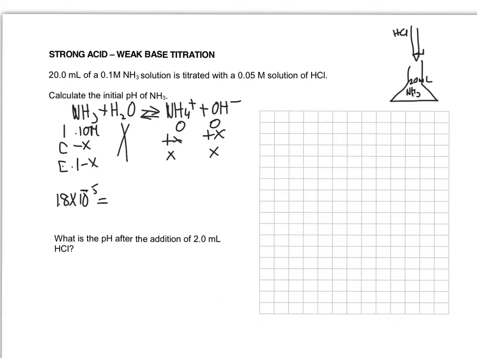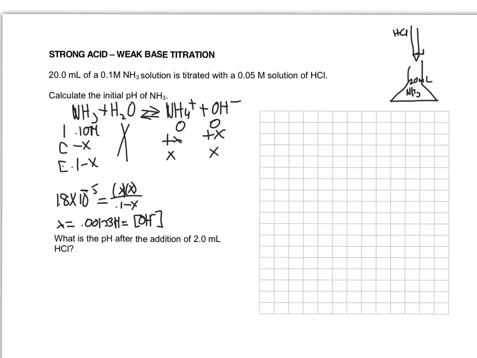It's actually the same Ka as acetic acid by coincidence, x times x over 0.1 minus x. In this case, x ends up being 0.00133 molar, and in this case it's my hydroxide ion concentration.